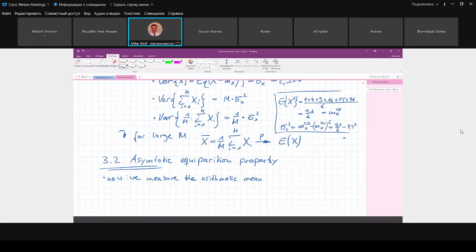We can hear you. The arithmetic mean of the information content of a length M sequence of independent, identically distributed random variables xi.